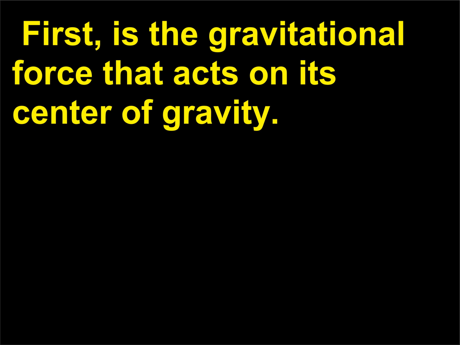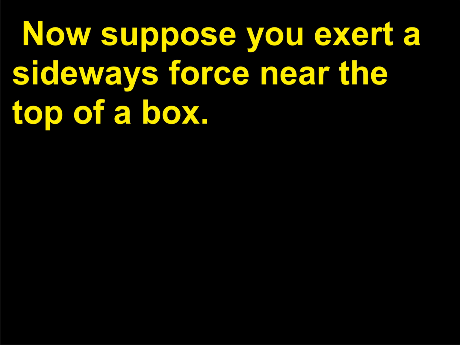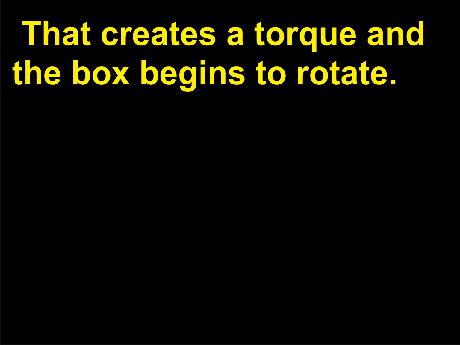First is the gravitational force that acts on its center of gravity. Second is the upward force of the surface. Third is friction between the object and the surface that exists only if the surface is on a slant. Now suppose you exert a sideways force near the top of a box. That creates a torque and the box begins to rotate.